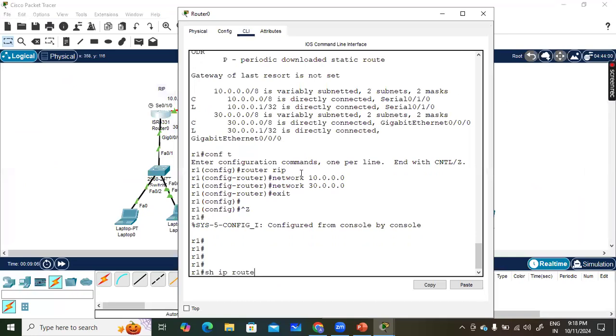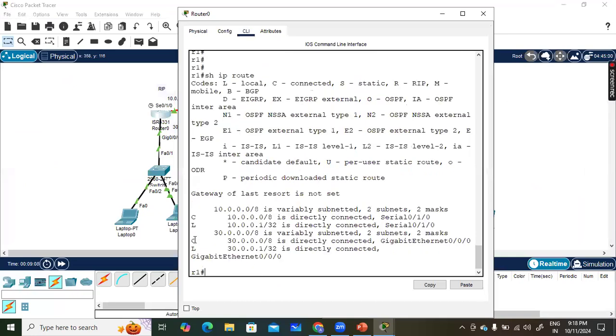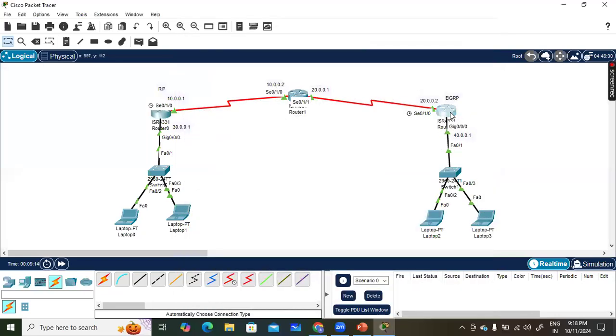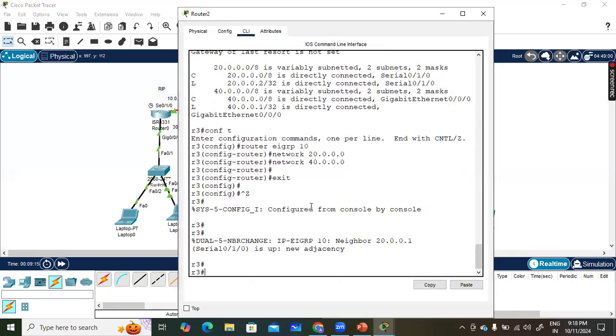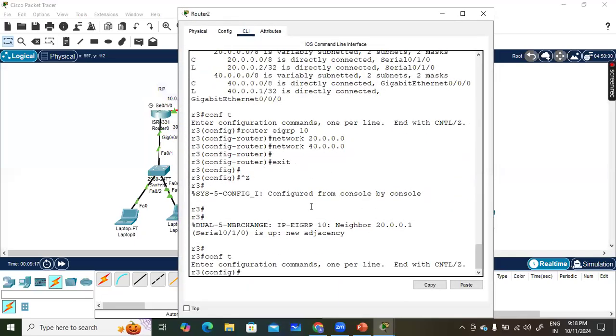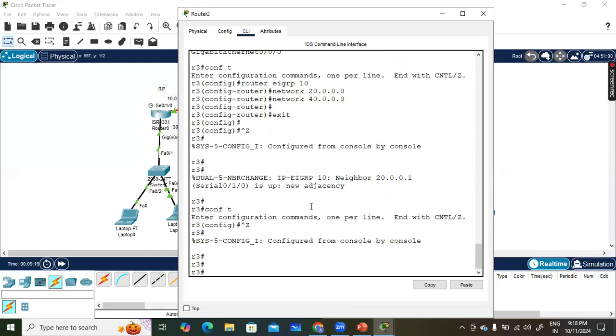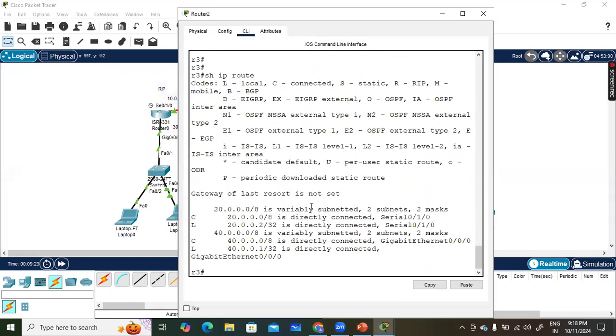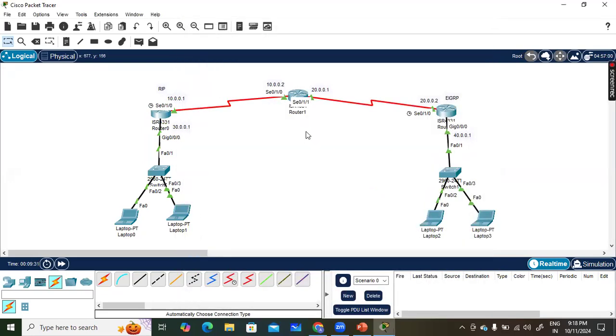Show IP route. Can you see anything here? Now go to the other router. Show IP route. Both the routers haven't learned anything, however EIGRP and RIP are running on both the routers.